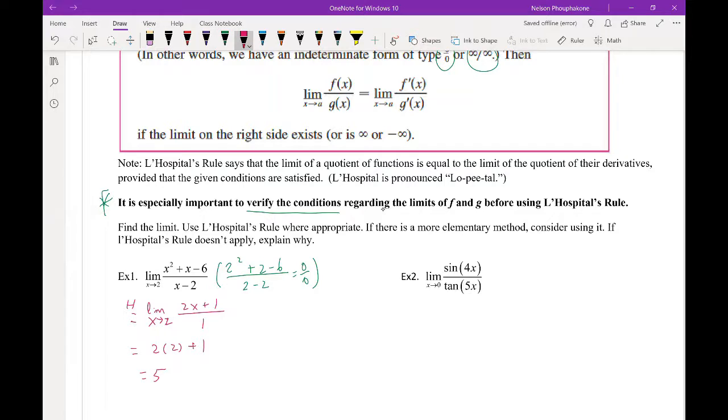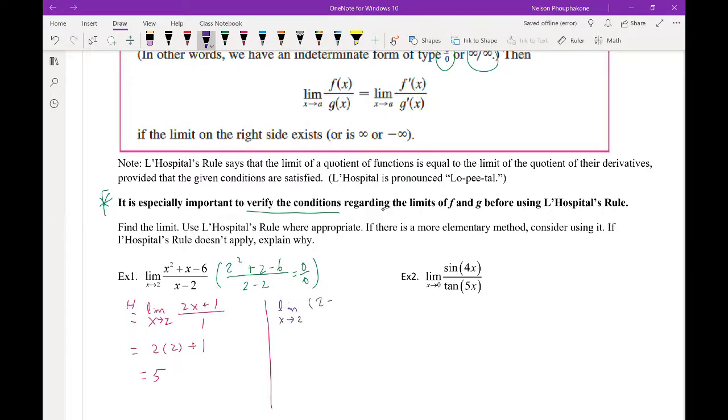Now let's check to see if this is the case. Let me use a different color here. Back to chapter 2, we have learned that for this one, we could factor.